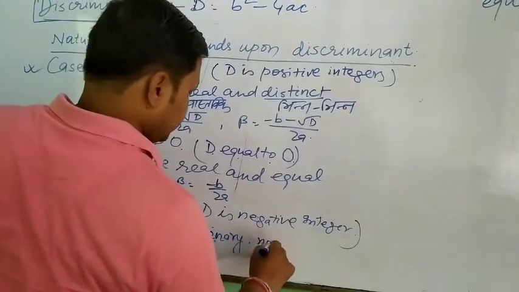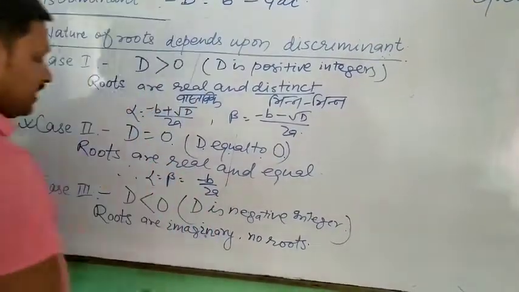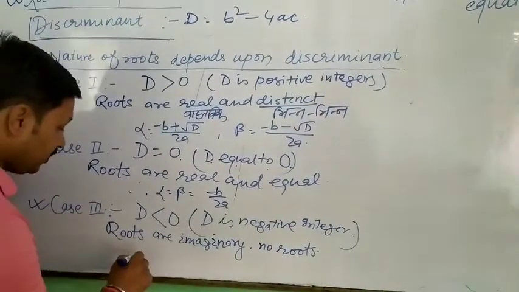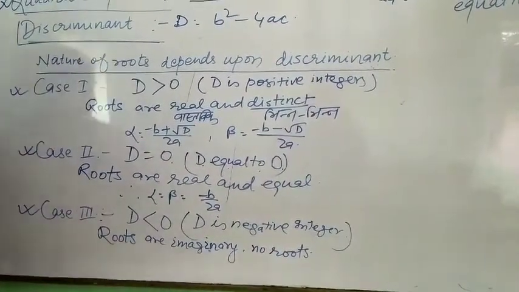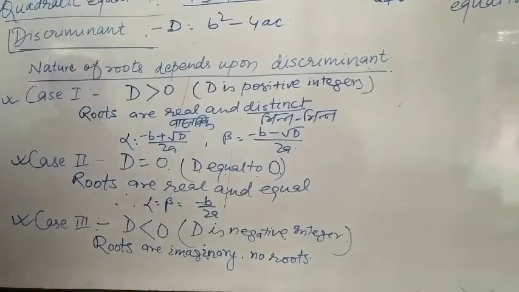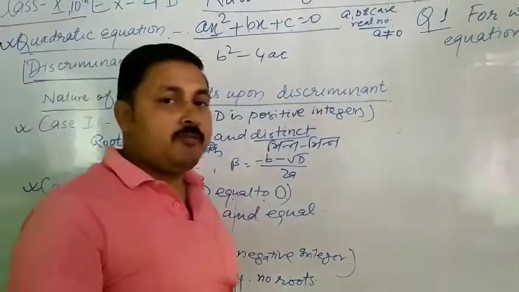No real roots, sorry, the roots are imaginary and there are no real roots. So there is no formula to find the roots. On the basis of the nature of the roots, we can solve many problems.